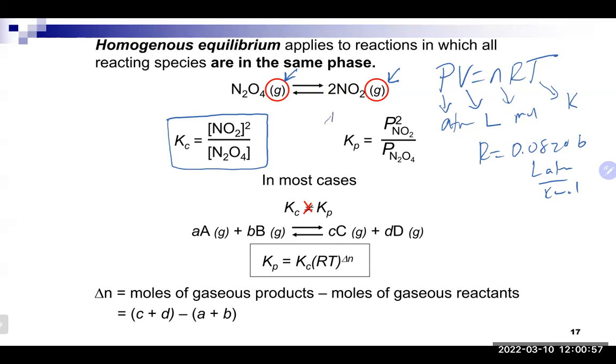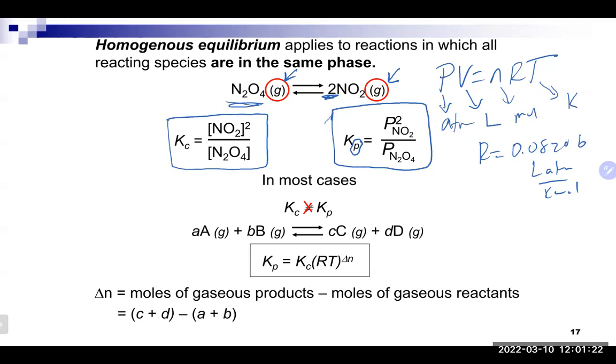That is known as Kp, P meaning pressure, the partial pressure, and we still take the coefficient as the exponent. So the partial pressure of NO2 squared, because of the coefficient, divided by the partial pressure of N2O4. Still products over reactants, but we use partial pressures.